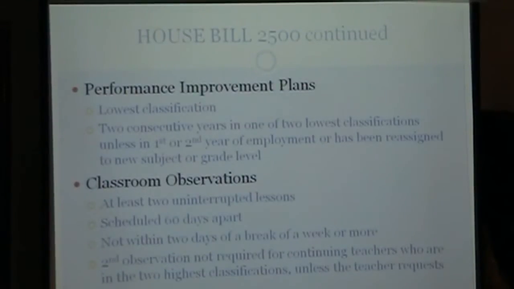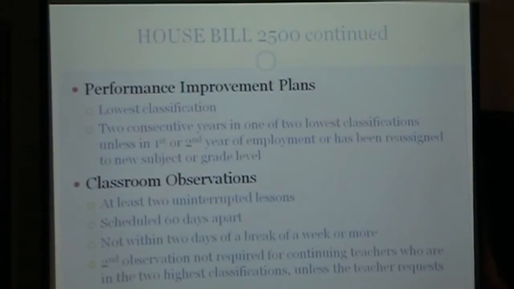And the second observation may be waived if the teacher is a continuing teacher and has been in the 2 highest performance classifications, unless the teacher requests it, and also in our updated policy in our tool, if the principal or the evaluator sees that there's a need.